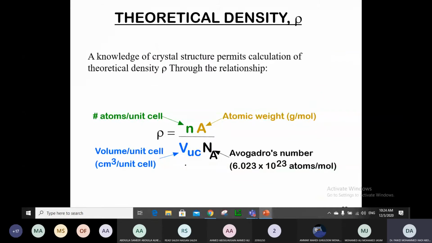Next, I want to look at how we can use the knowledge of crystal structure to determine some physical properties of the material. I mentioned already that we can determine the theoretical density. If you want to determine the density of any material, you need to go to a lab and use apparatus, for example a volumetric cylinder and water.